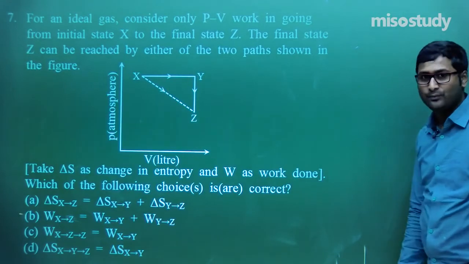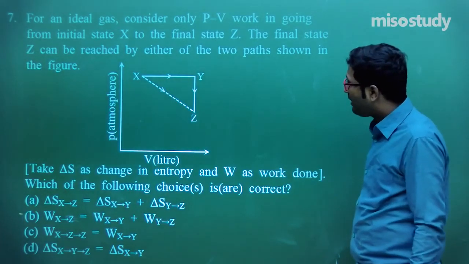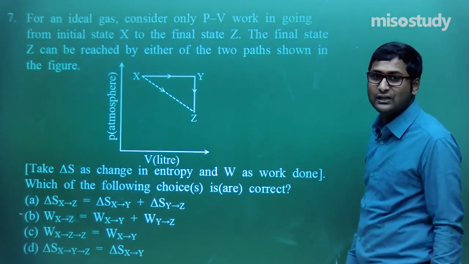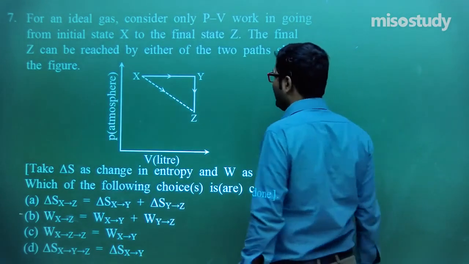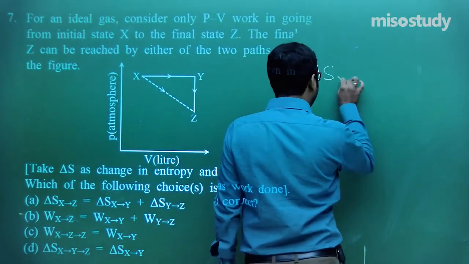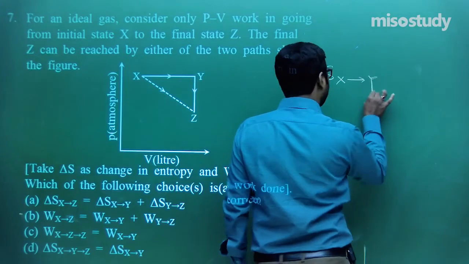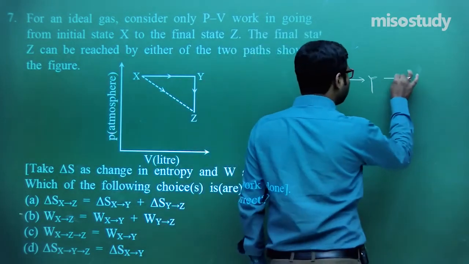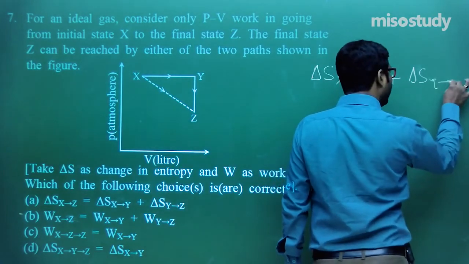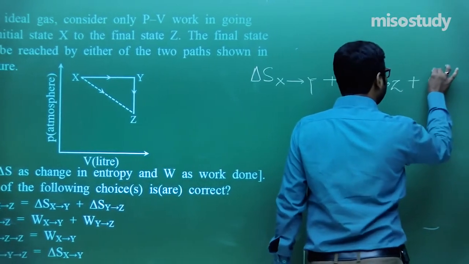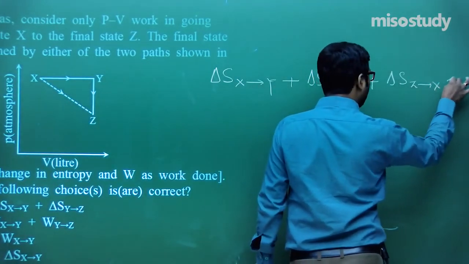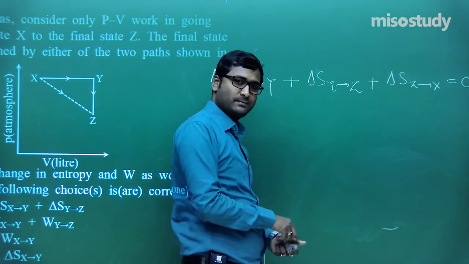Clear to you? As we know, for a cyclic process, delta S is equal to 0, so we can write delta S X to Y plus delta S Y to Z plus delta S Z to X equal to 0. This is a simple explanation.